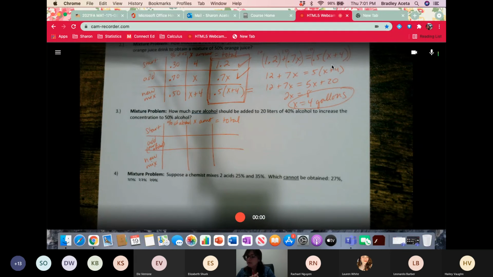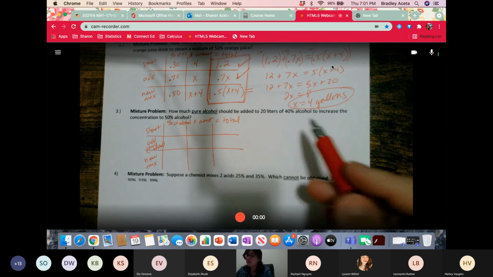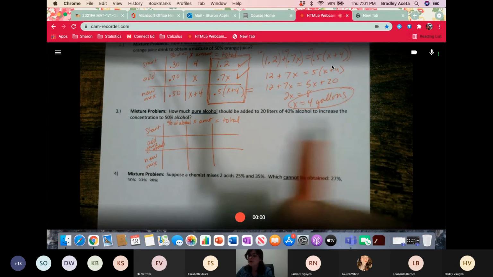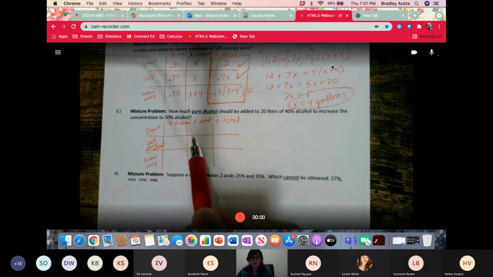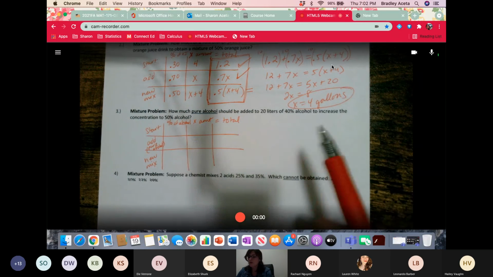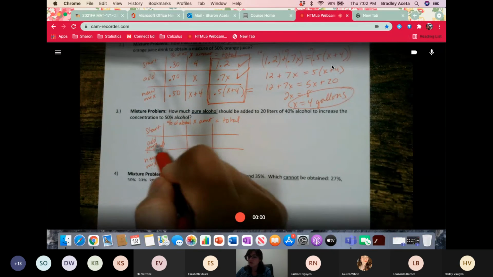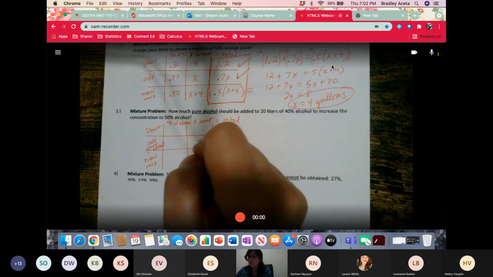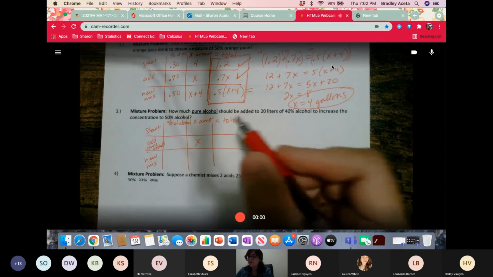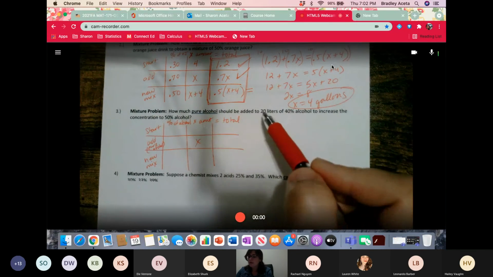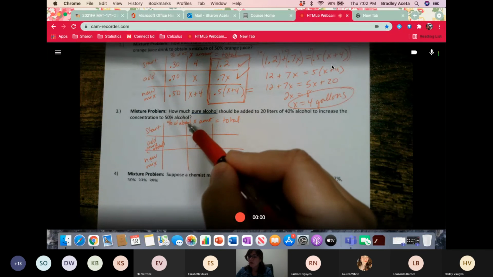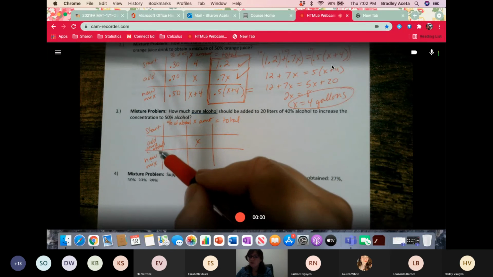Okay, so let's read it. How much pure alcohol should be added to 20 liters of a 40% alcohol to increase the concentration to 50% alcohol? Okay, so how much pure alcohol? That's an amount. How much alcohol are you adding? I don't know. We'll call it X. What is the percentage of alcohol in alcohol?